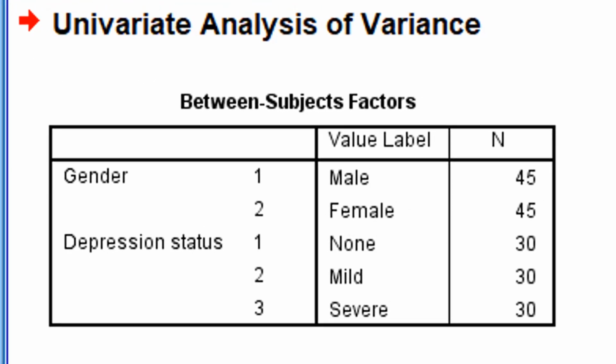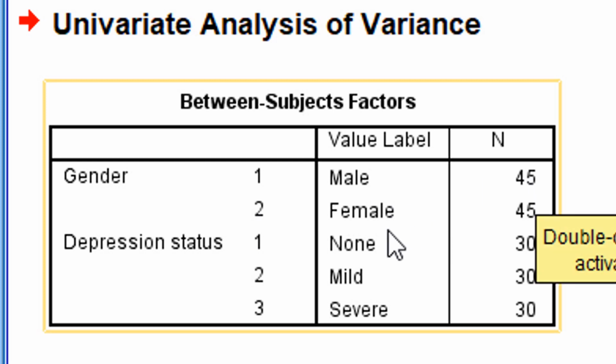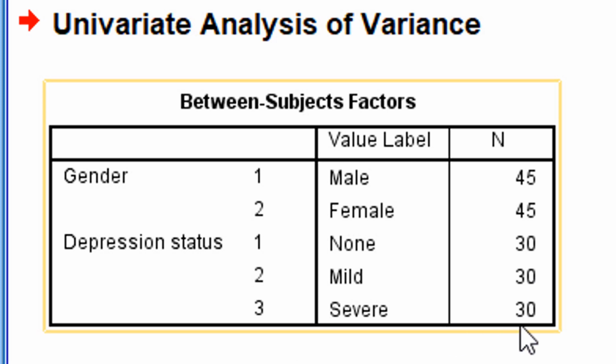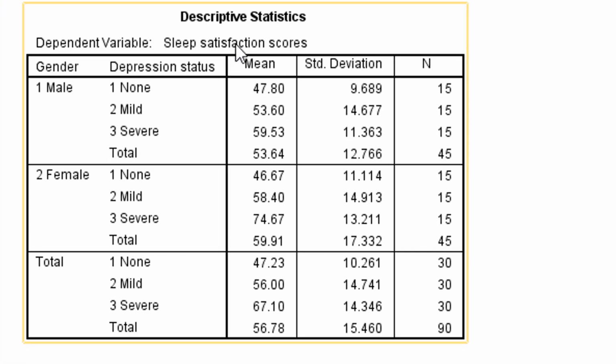Okay, from this table you can see there are 45 males, 45 females, and for depression status, there are 30 with no depression, 30 with mild depression, and 30 with severe depression. The descriptive statistics tell us that males have better sleep satisfaction.